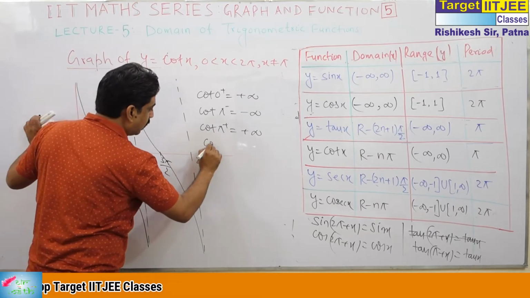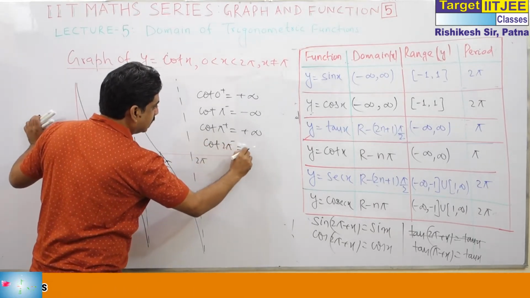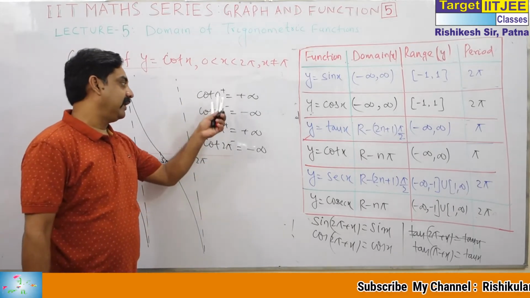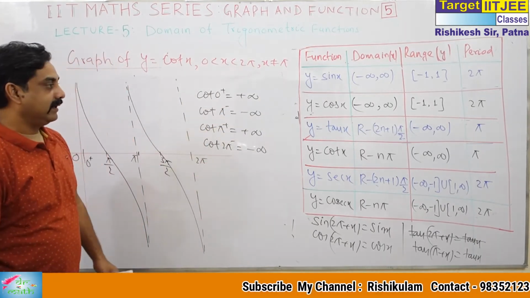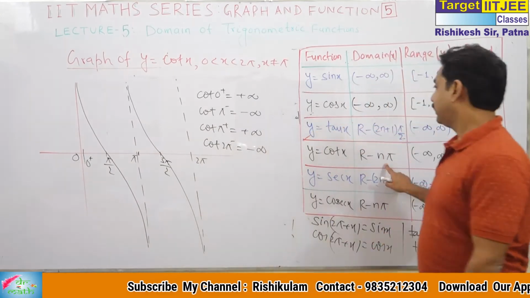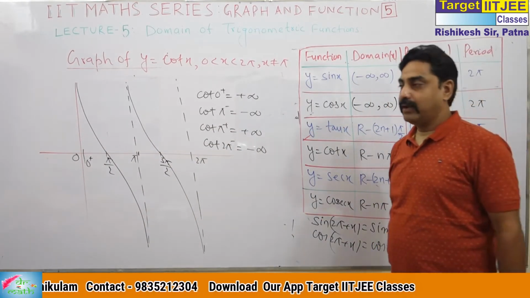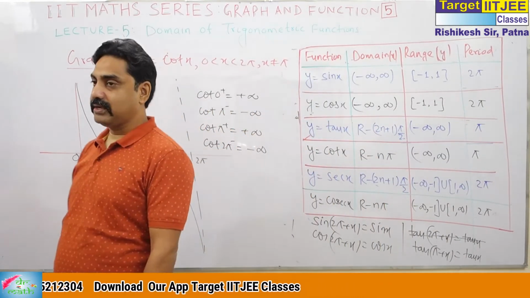And cot 2 pi minus, this is in the fourth quadrant, minus infinity. And you can also write cot is not defined at 0, pi, 2 pi, and actually it is not defined at n pi.